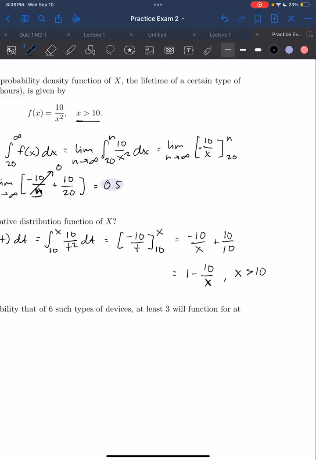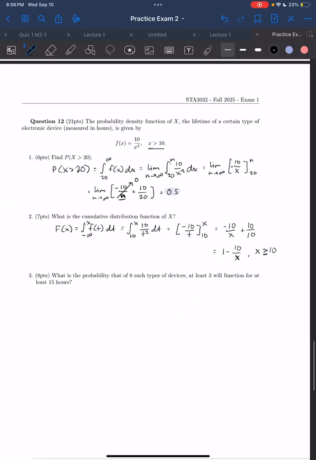If x is equal to 10, then our value would just be 0, so we can also say that x is greater than or equal to 10. Okay.